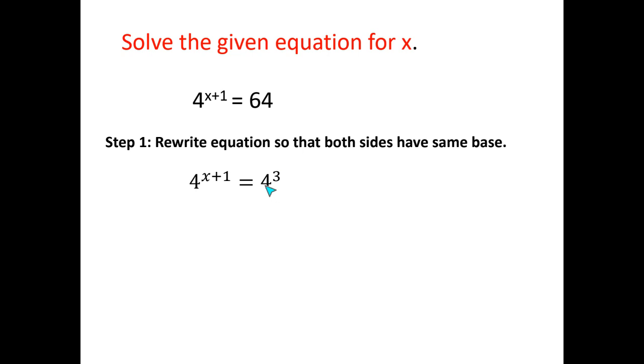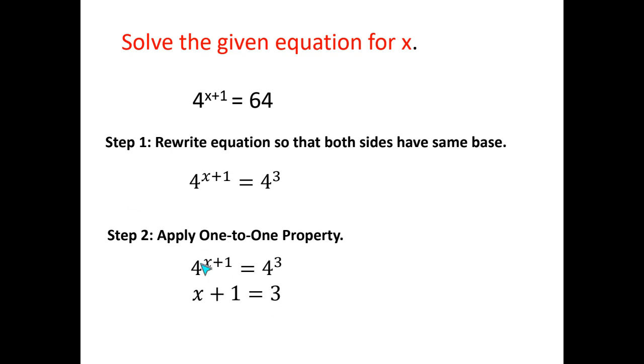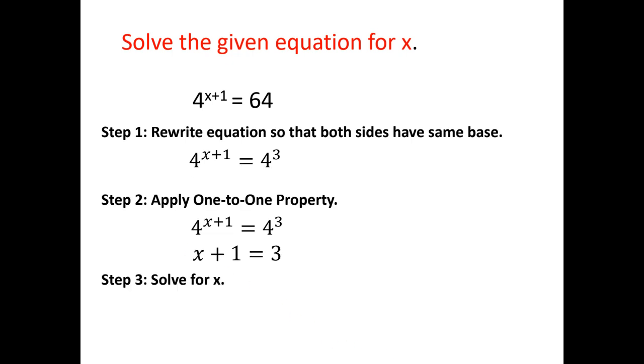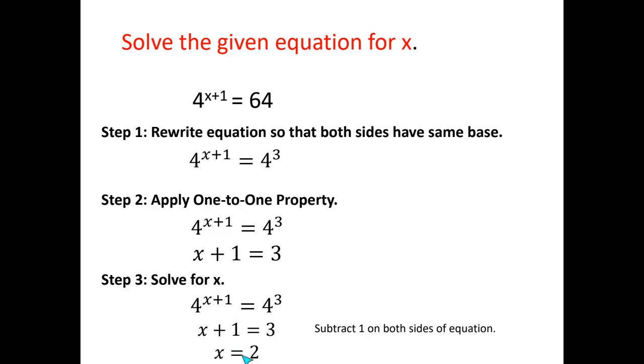Notice that 4 cubed is the same as 64. So now my base on each side of the equal sign is 4, and I can apply the one-to-one property. So I have x plus 1 as my exponent on the left side, and 3 as my exponent on the right side. Solve for x, so I subtract 1 on both sides, and I get x is equal to 2.